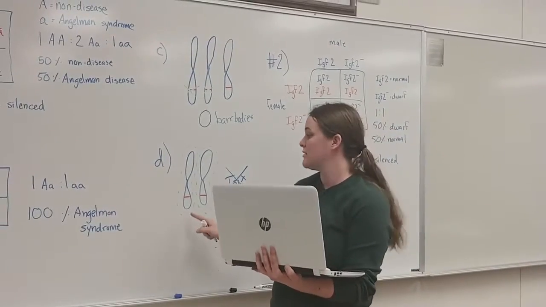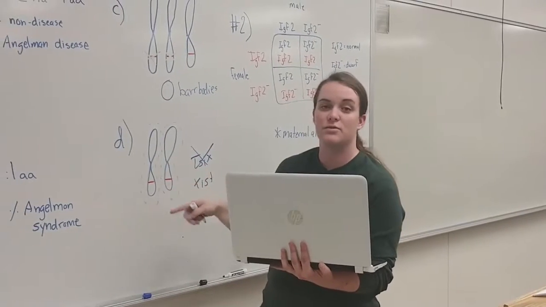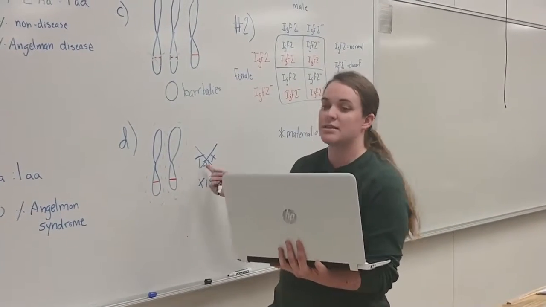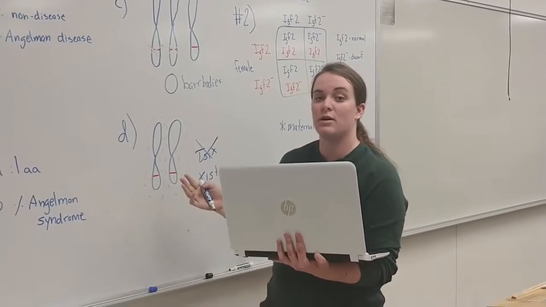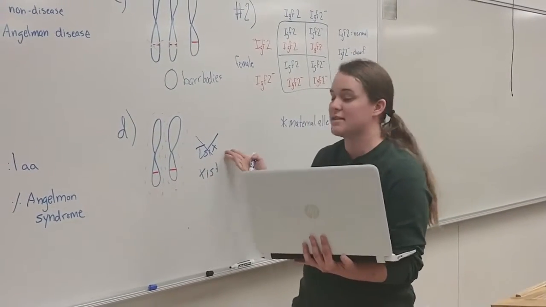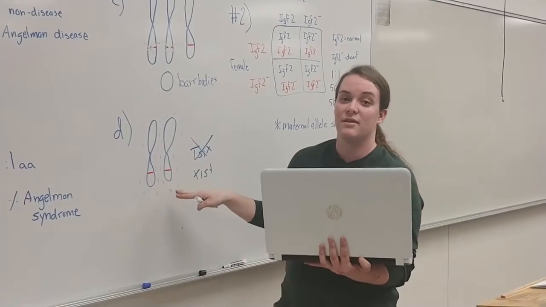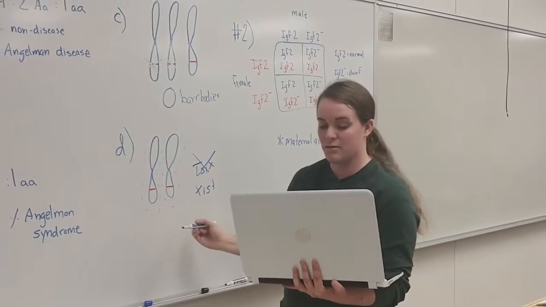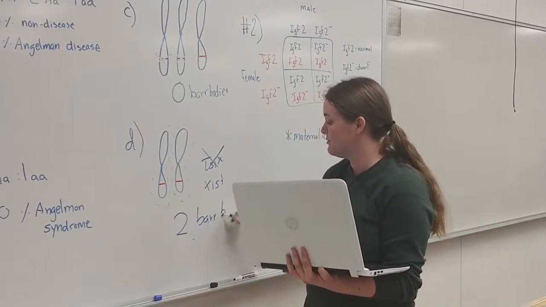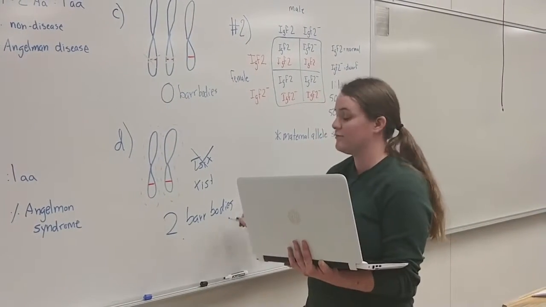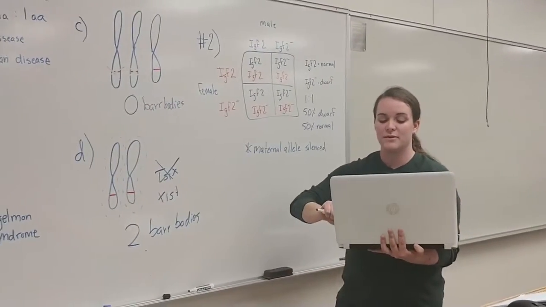So our Xist is the coating that targets the chromosomes for inactivation, and the Tsix comes over and removes one of them so that one chromosome can remain active. But because it's not working, this is going to inactivate both chromosomes, and therefore we will have 2 Barr bodies. Voila. All right, so that's it for number 1.